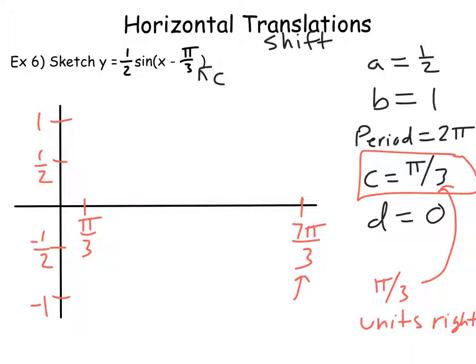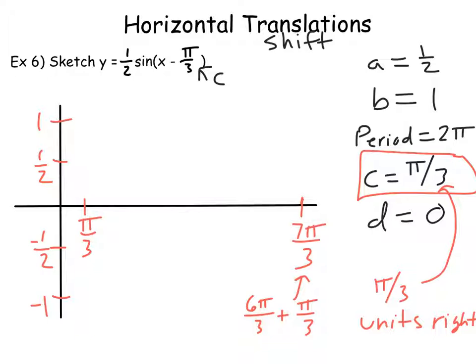Okay? Now a little hint as to how I got that. You do have to do a little bit of work with some fractions. 2 pi is the same as 6 pi over 3, and then I just added on that pi over 3, our horizontal shift, and that's where it should end.